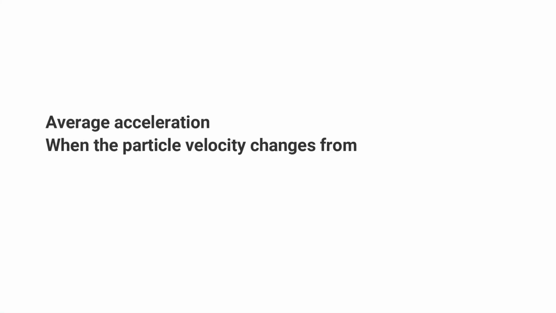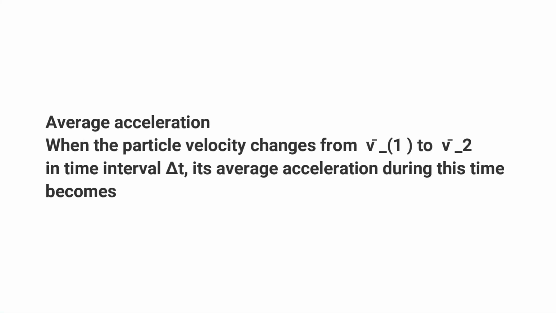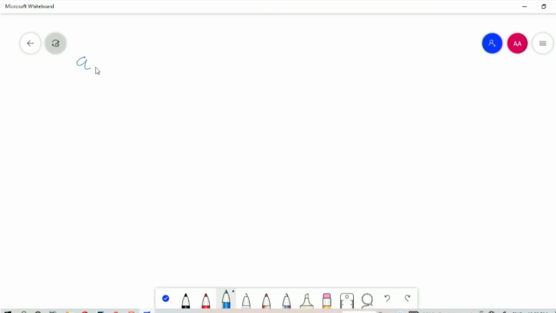So let us look at average acceleration. When the particle's velocity changes from v1 to v2 in a time interval, then its average acceleration during this time becomes a avg, which is equal to change in velocity upon change in time. So let's look at example number 3.